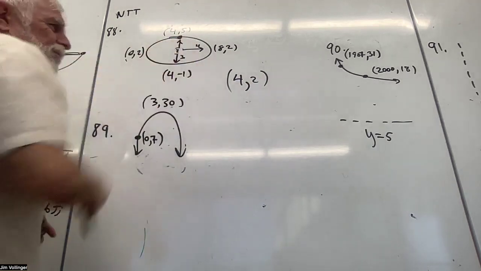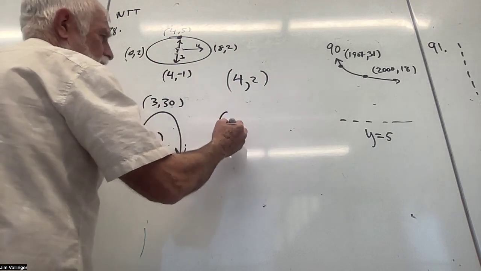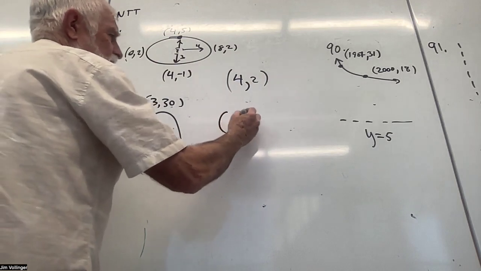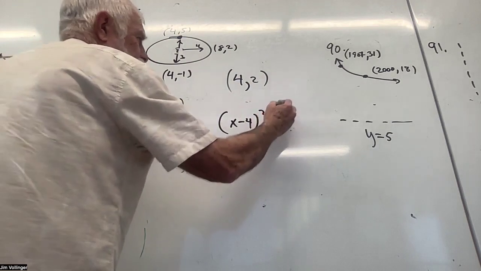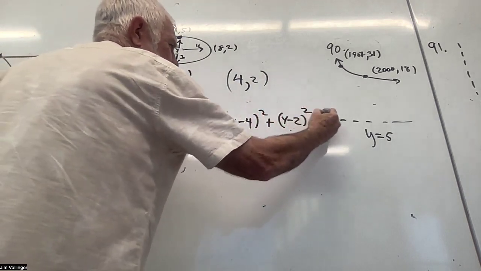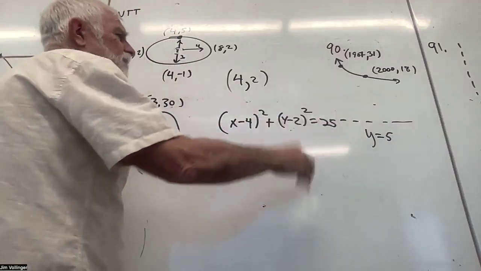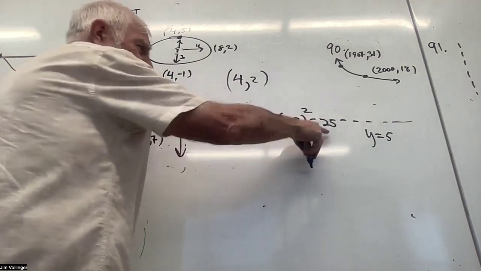It's got a little wobble to it, so see if this makes sense. In a circle, if I did x minus 4 squared plus y minus 2 squared equals 25, for instance, you get a feel for that. Radius of 5.